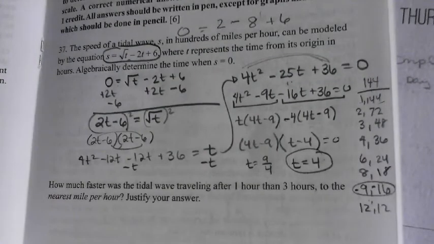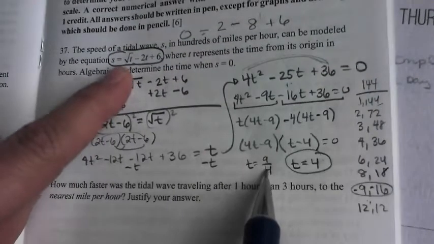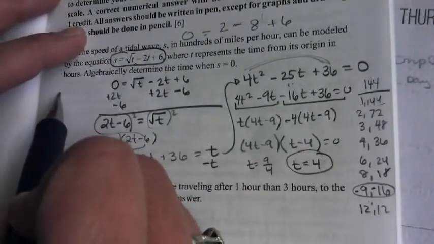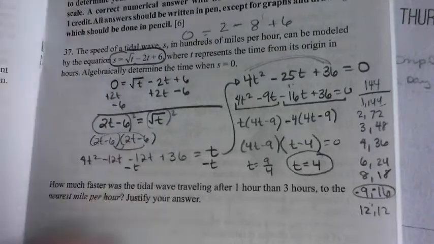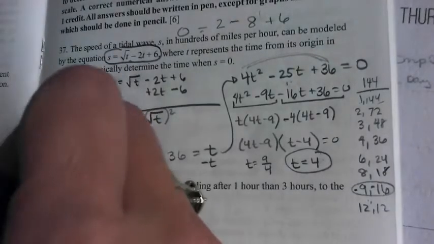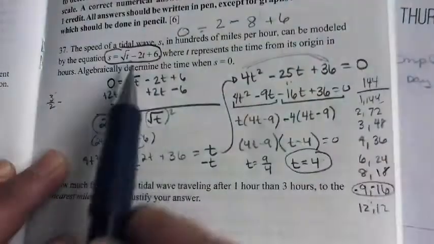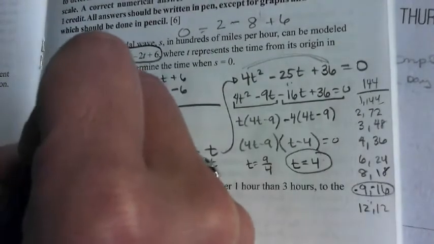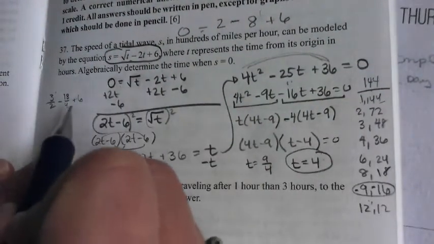And if I plug in 9/4, what's the square root of 9/4? 3 over 2. Very good, because the square root of 9 is 3, square root of 4 is 2, so 3/2. Minus 2 times 9/4 is 18/4 plus 6. So you could just do that on your calculator.